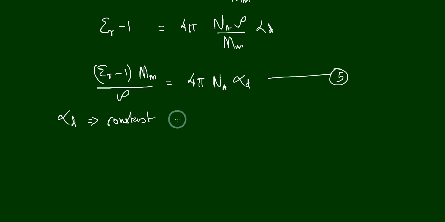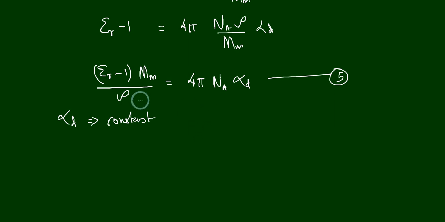So the left hand side of the equation is independent of rho, where rho is the density of the dielectric. Density means mass per unit volume, and it depends upon the number of molecules.